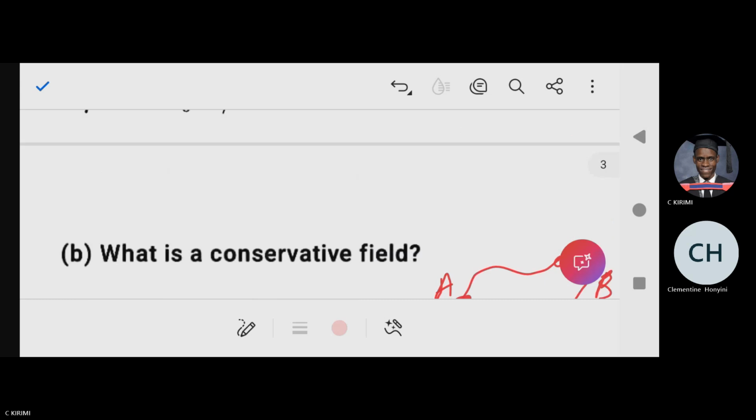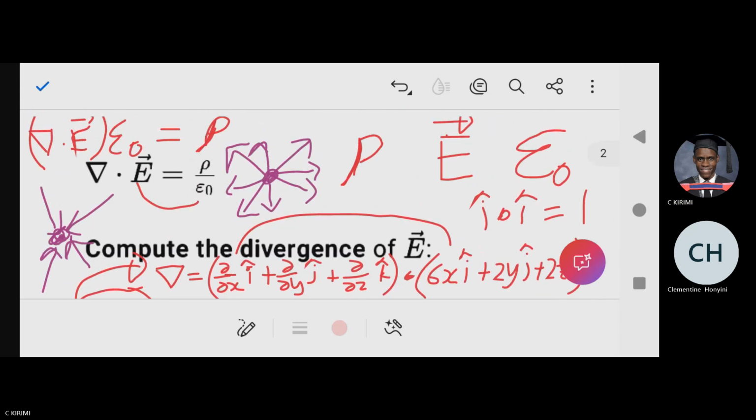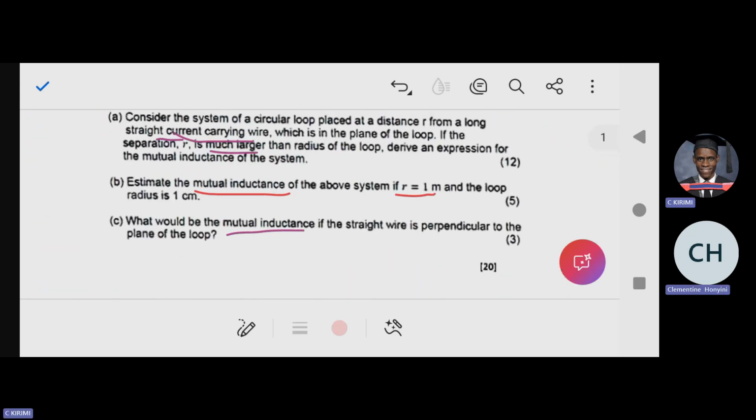We have been told to consider a system of a circular loop placed at a distance R from a long straight current-carrying wire, which means this wire is already carrying current, isn't it?